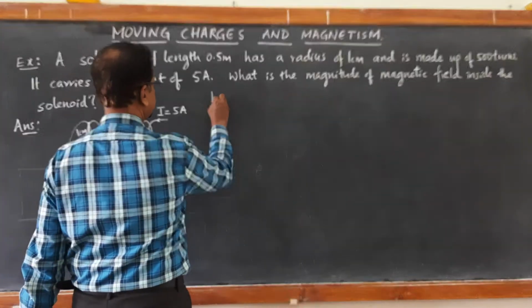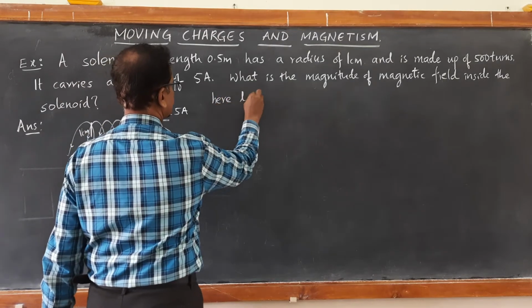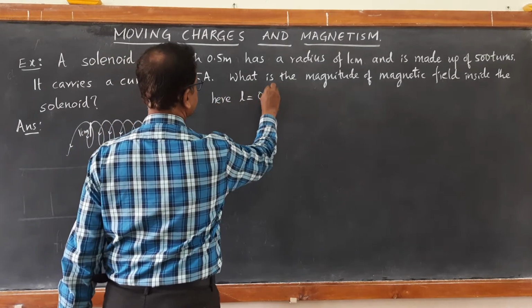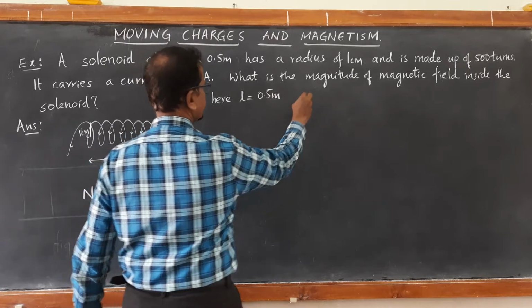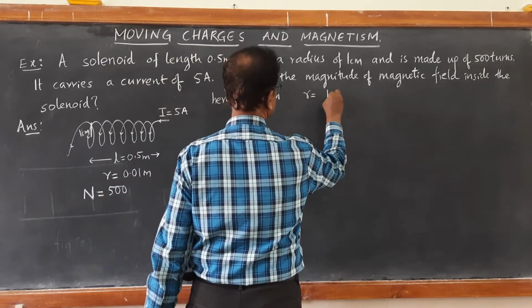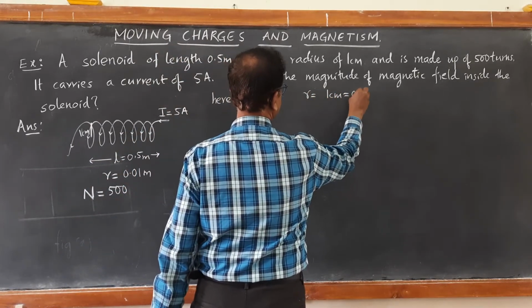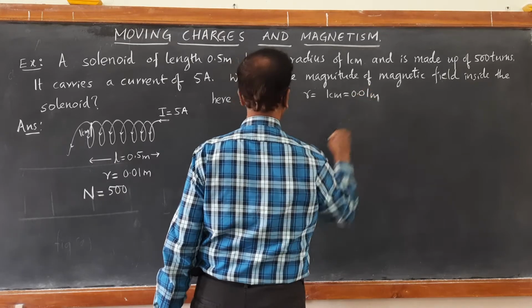Here, L is equal to 0.5 meter and radius R is equal to 1 centimeter, that is 0.01 meter.